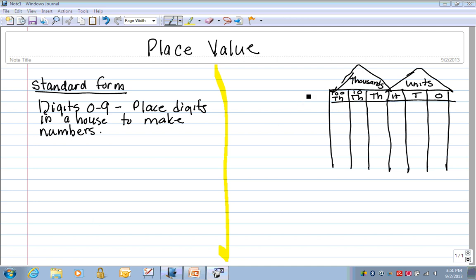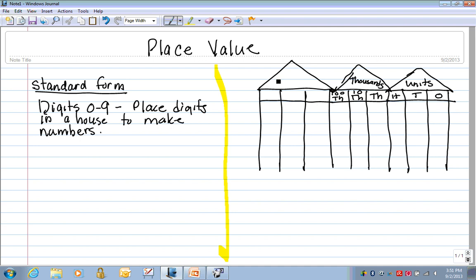Next to the thousands place value, I am going to draw lines, and I'm going to make the millions. So the next part of the house is the millions. My first one will be millions, and then 10 million, and then 100 million.